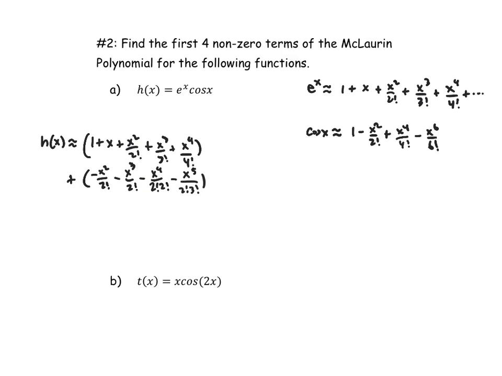Okay, so let's look at this and see if we're going to have to go further in either direction, right? By that I mean, well, we have to go out to this next x to the fourth term and multiply that by multiple terms of e to the x in order to get a full expansion or a full simplification of the first 4 non-zero terms. So let's look at them. Okay, so let's see what we get here. So if I added this up, the 1, there's no common factor. The x, no common factor.